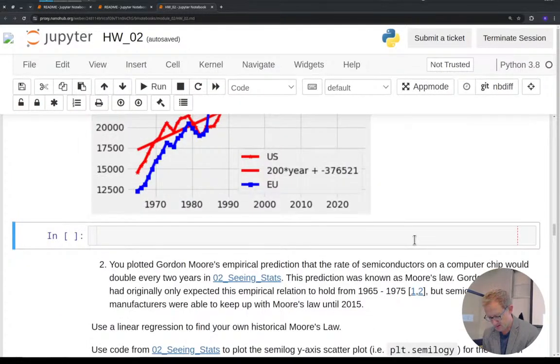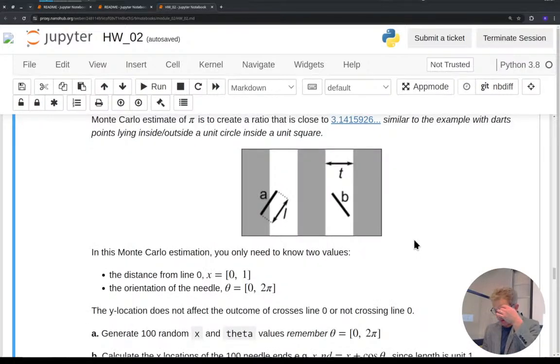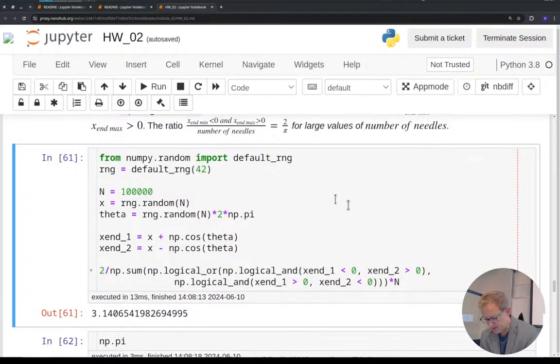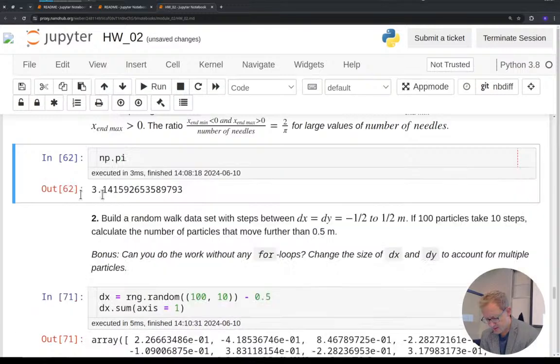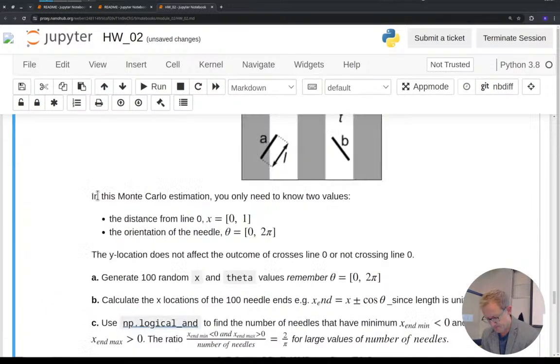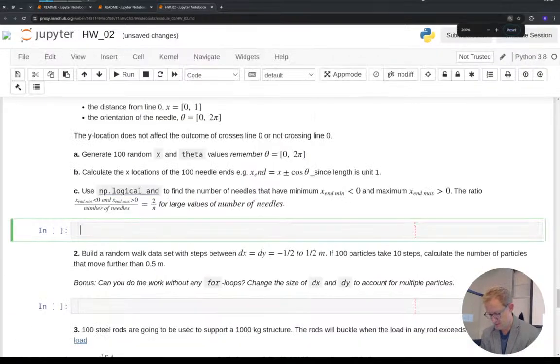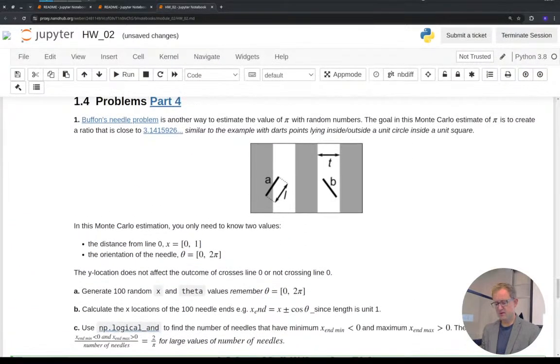And I saw some people last time looking at some of the Monte Carlo work. Is anyone trying to build solutions with random numbers right now? Or not yet? Okay.